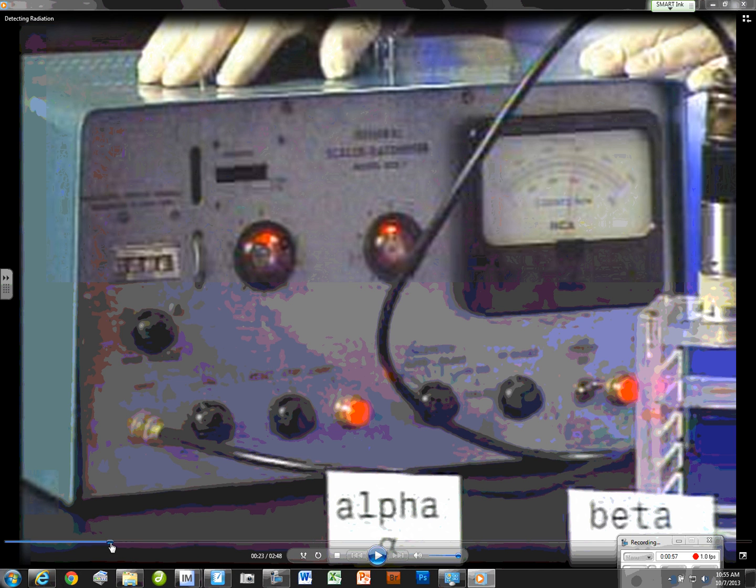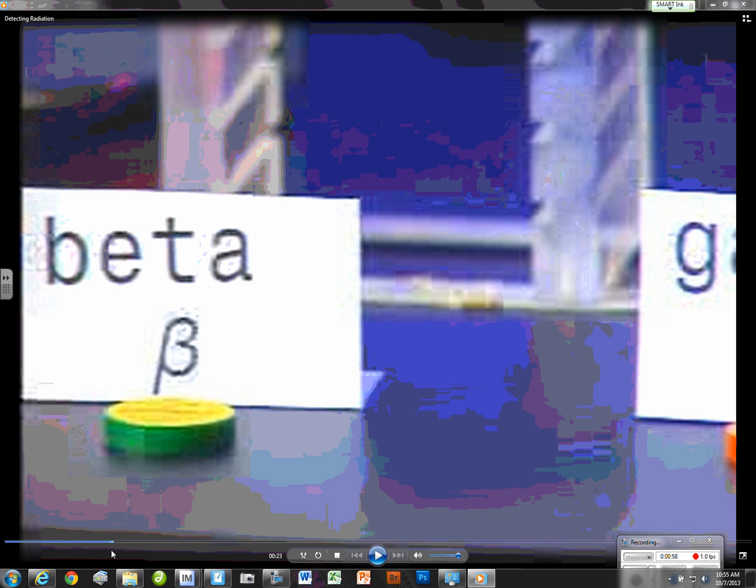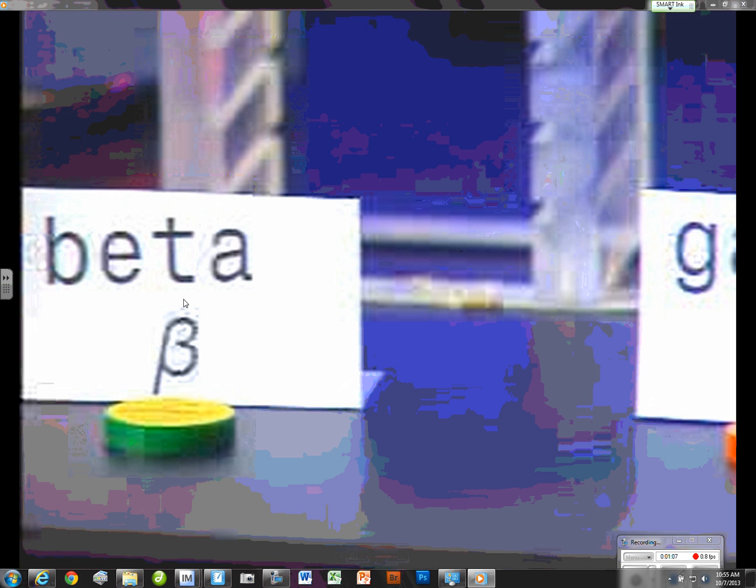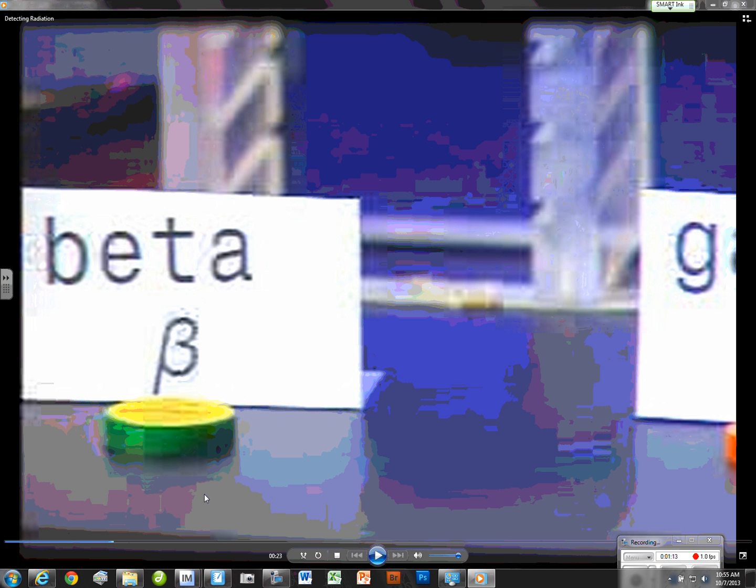Now let's go to the beta. Whoops, passed them by. There we go. Beta. What is that? Does it have any mass at all? Yeah, 1/11800th of an AMU. Very, very small. So for all intents and purposes, this guy has no mass, but he is a particle.